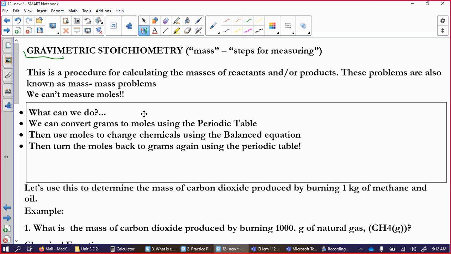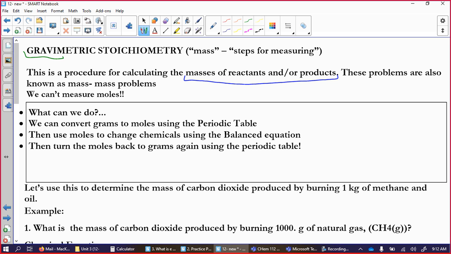Then we want to talk about gravimetric stoichiometry, and it's calculating masses. These problems we call mass stoichiometry because we're converting mass of one thing to mass of another. We can do that with the periodic table because we have all of our molar masses.